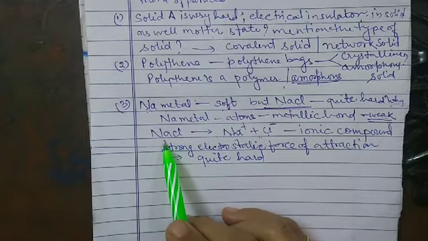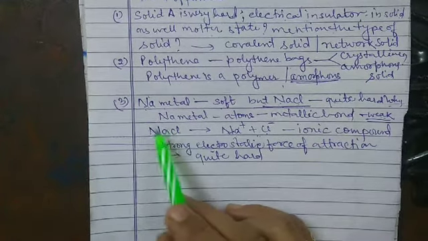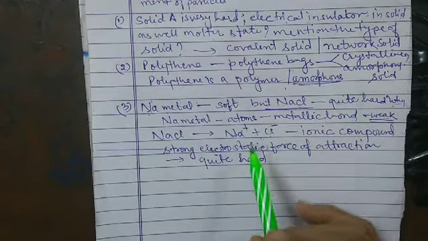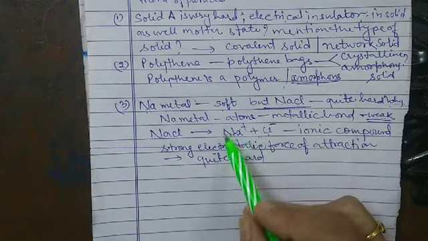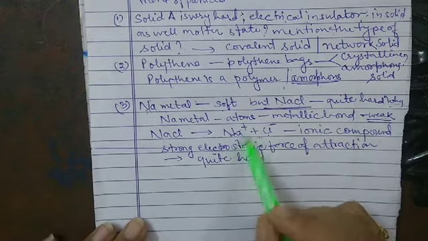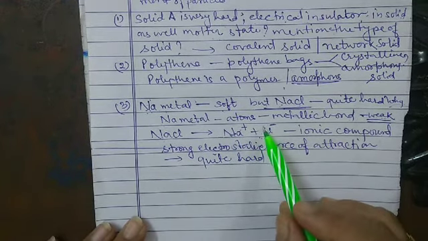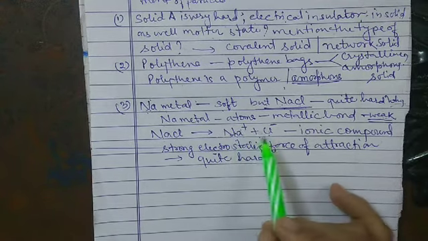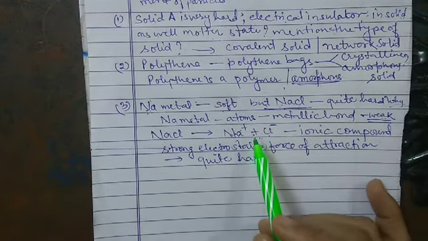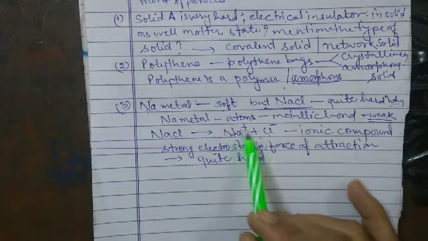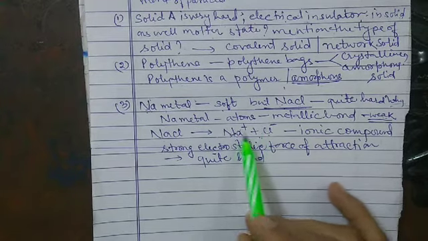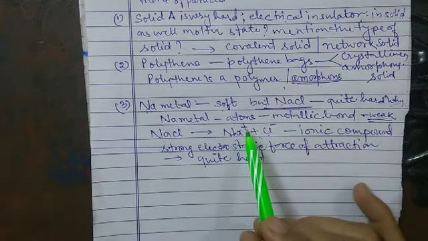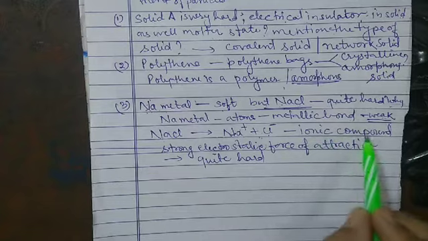But sodium chloride is formed by the combination of sodium as a cation and chlorine as an anion. So sodium contains the positive charge, whereas Cl contains the negative charge. When the positive and the negative charge combine together, such a compound is known as an ionic compound.